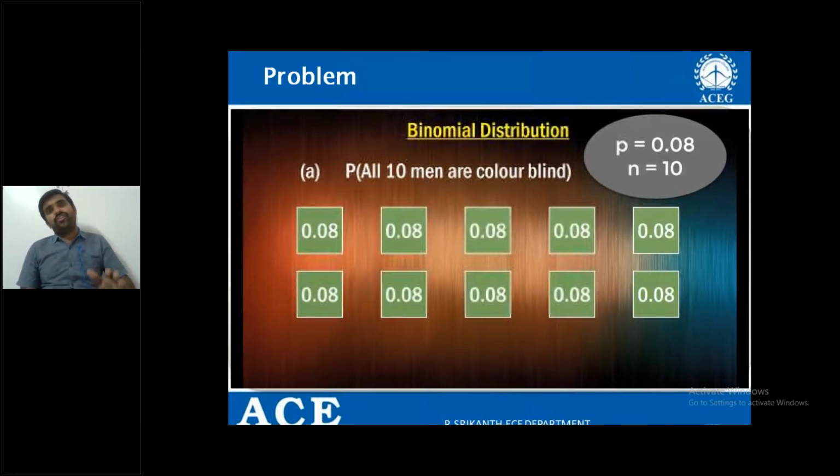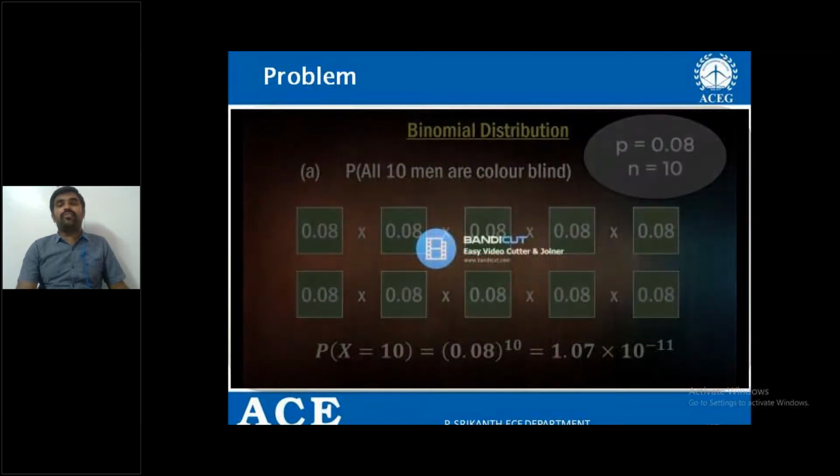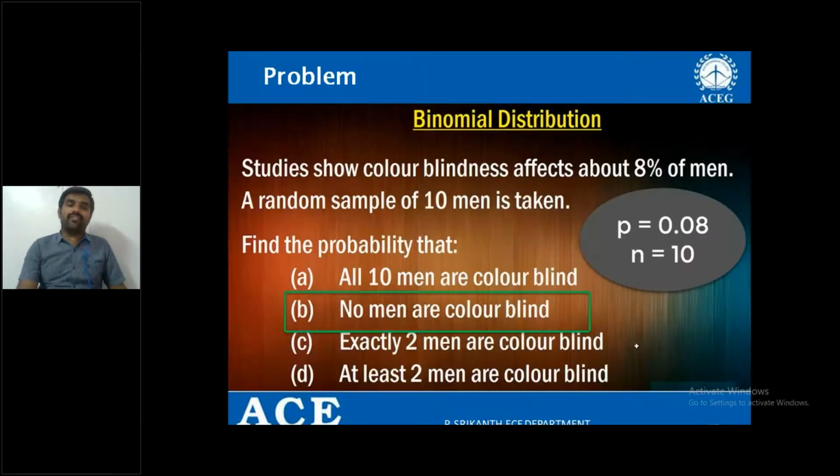The third one also the same probability. Like that, the 10 members almost all have the same probability. Therefore, the total probability that the 10 members are colorblind is P of x equal to 10, 0.08 power 10, that is equal to 1.07 into 10 power minus 11. Like that you can solve.